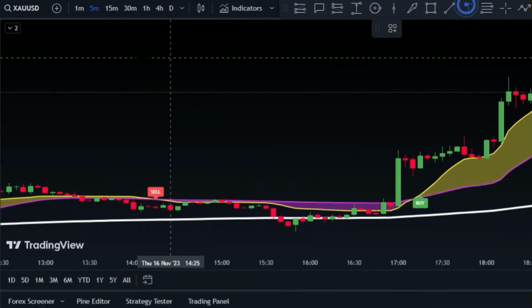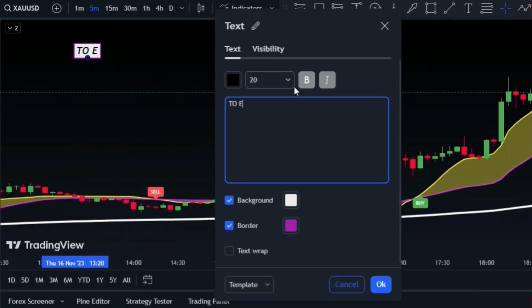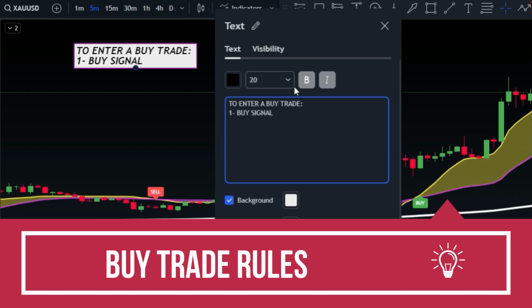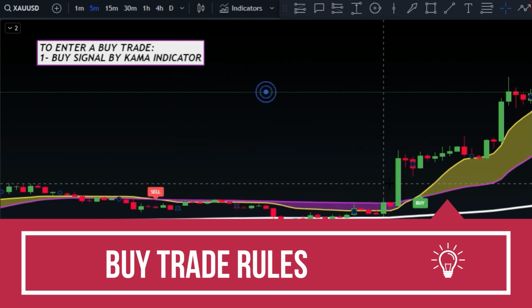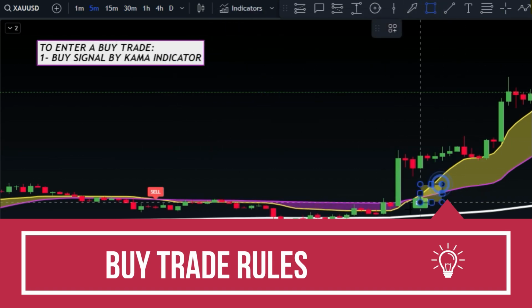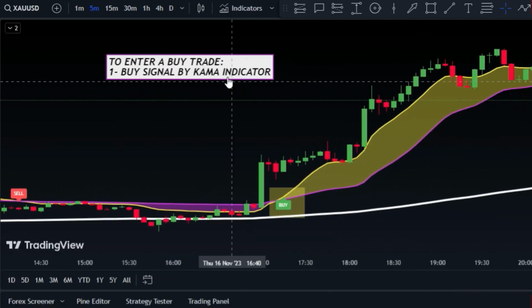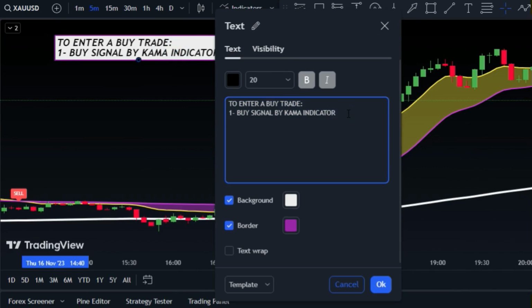For a buy trade entry, we wait for a buy signal from the comma indicator. If a buy signal appears on the chart, we then examine it with the McGinley indicator to ensure that the buying power is dominant.